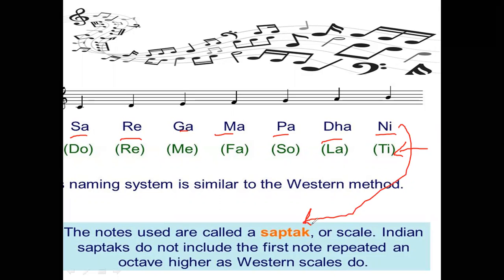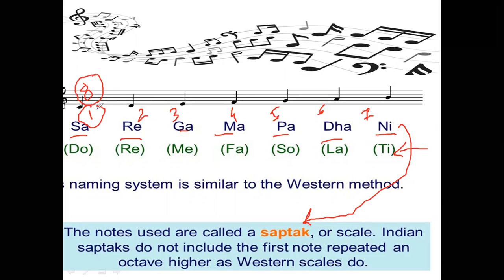We are representing these notes here because, let's consider sa as the first, then the second, third, fourth, fifth, sixth, seventh, and again the eighth one is sa. It means that according to musical notes also, the first is sa and the eighth is also sa.